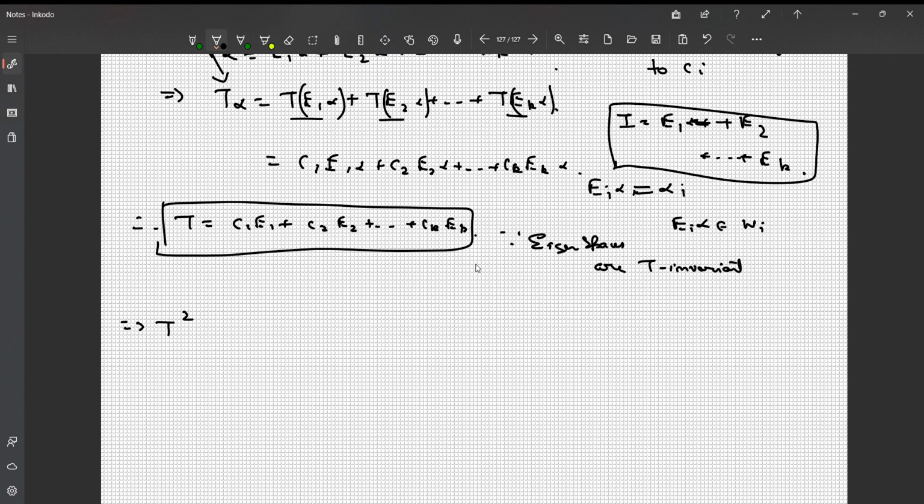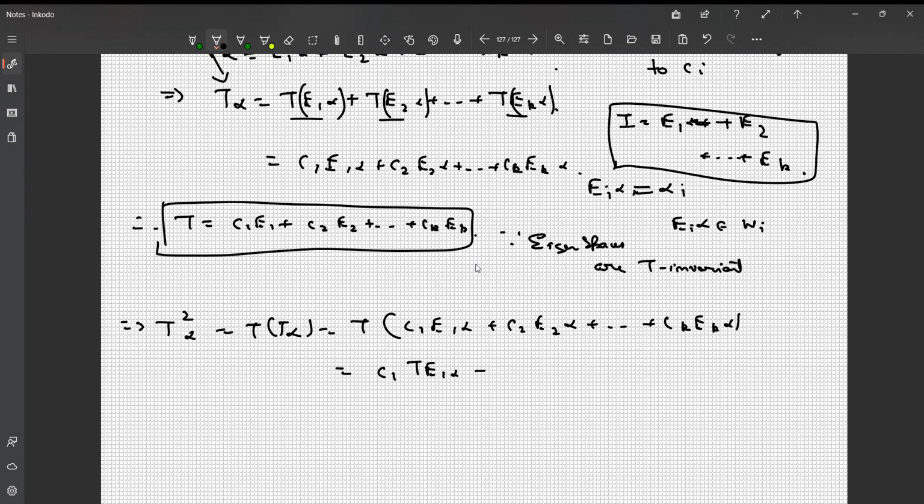Now if T can be written in this form, what can be the form of T squared? Let me write one step. T squared of alpha is T of T alpha, so it's T of C1 E1 alpha plus C2 E2 alpha and so on till Ck Ek alpha.